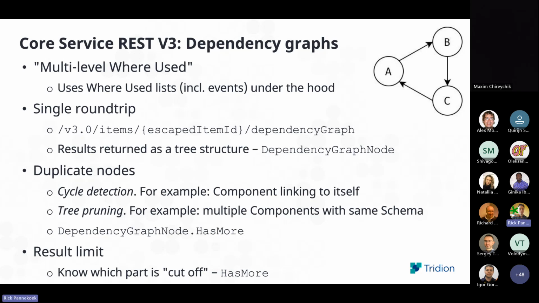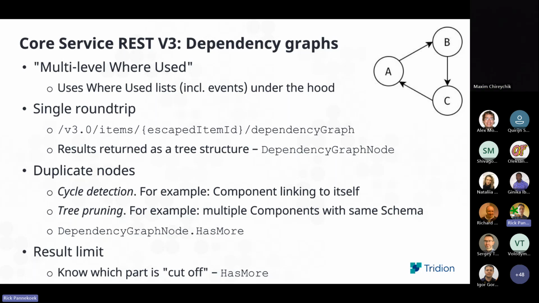Another thing where just doing several where used is not as simple as it sounds is that you could have cycles. If you look at the dependency graph, it's a directed graph. It's not a tree per se. We do return it as a tree, but it is not.